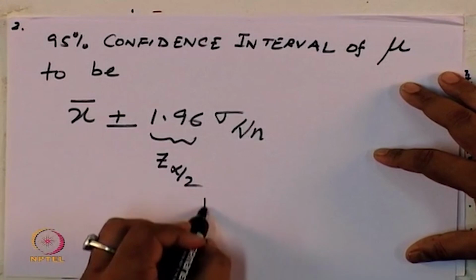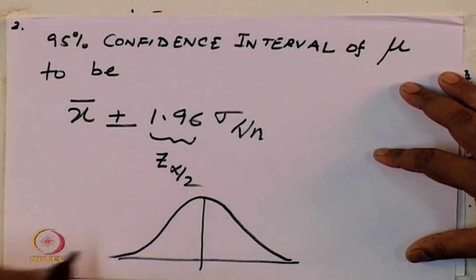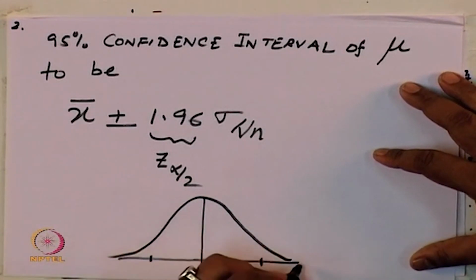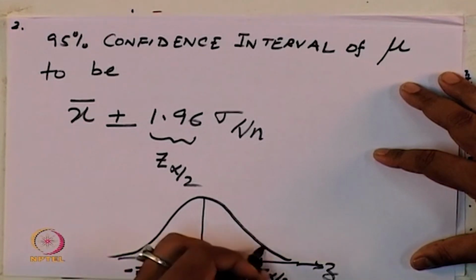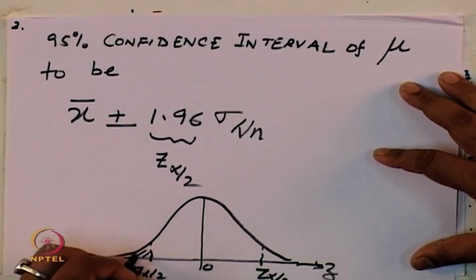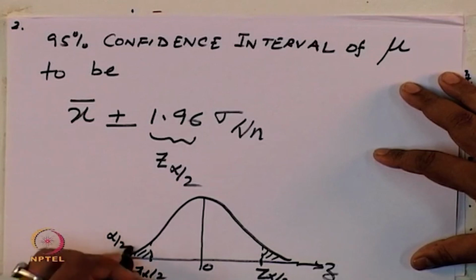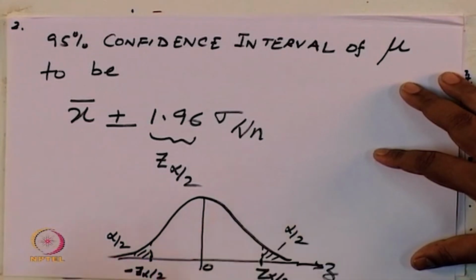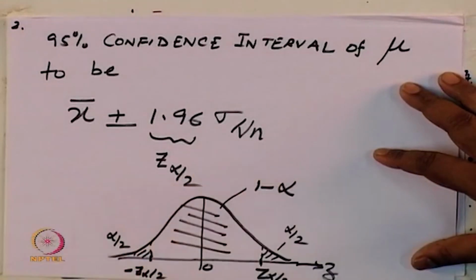What is z of alpha by 2? If I plot this curve, with 0 for the standard normal variable z, this is minus z of alpha by 2, this is plus z of alpha by 2, and if you integrate these two tail areas, you get a value of alpha. So, this area is alpha by 2, this area is alpha by 2. The probability under the curve in between will give you 1 minus alpha.